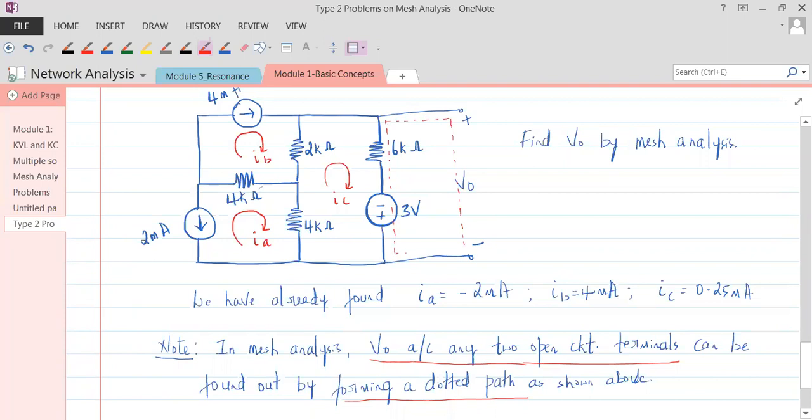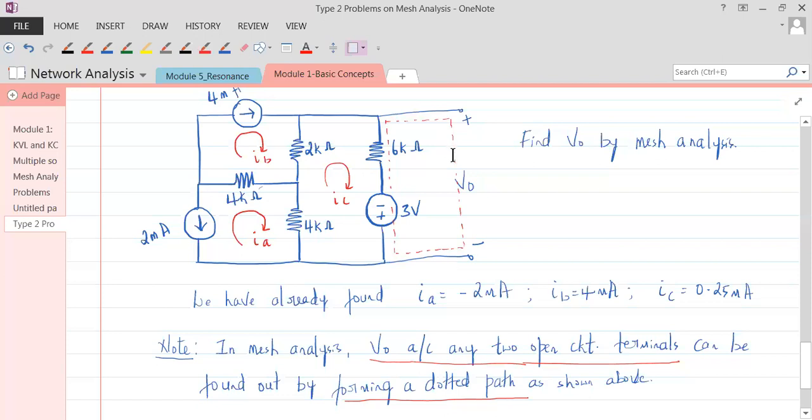Such should be the dotted path. Is everybody okay with this? So what is asked? V naught is asked to be found out, and that V naught is dropping across the two open circuit terminals. And since we are dealing with mesh analysis, to find out the voltage across the open circuit terminals, we form a dotted path like this.